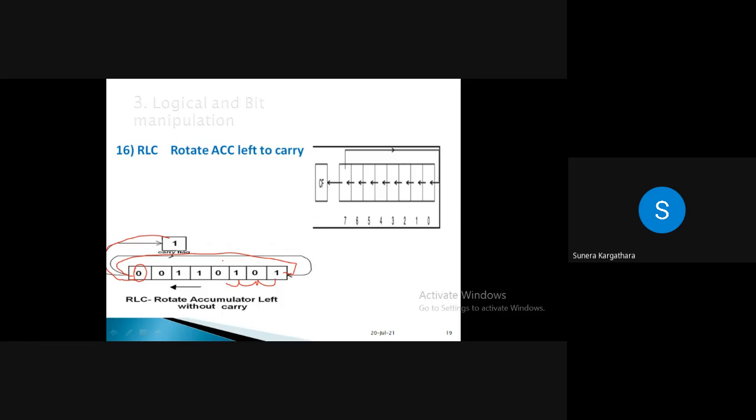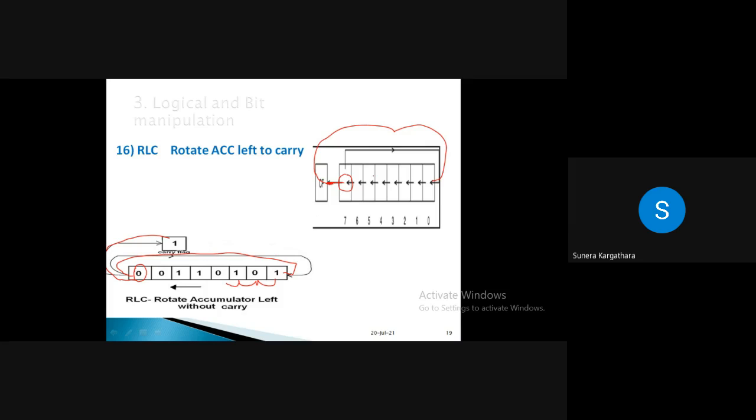Now what do we mean by with carry rotation? Try to understand. With carry left side rotation, how will it take place? Your D7 bit will go to the carry bit. Your carry bit will go to D0 bit. Then D0 to D1, D2, D3 and so on. Am I communicating, students? What is the difference between with carry and without carry rotation?